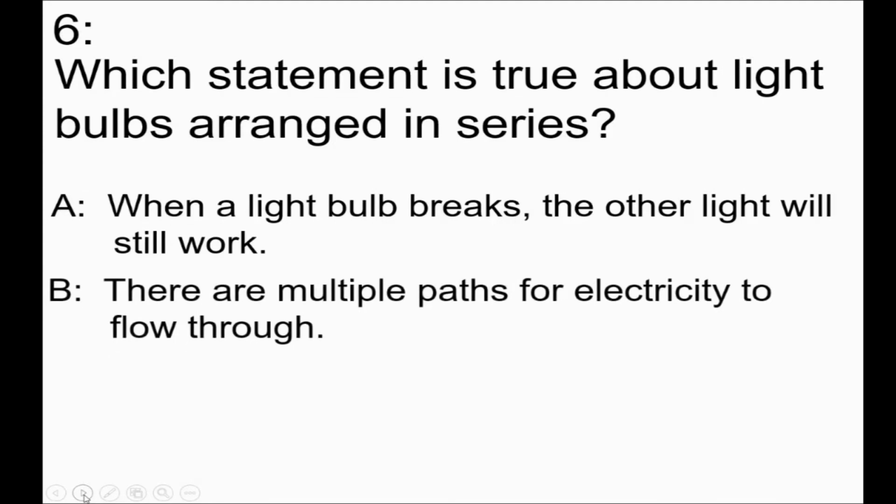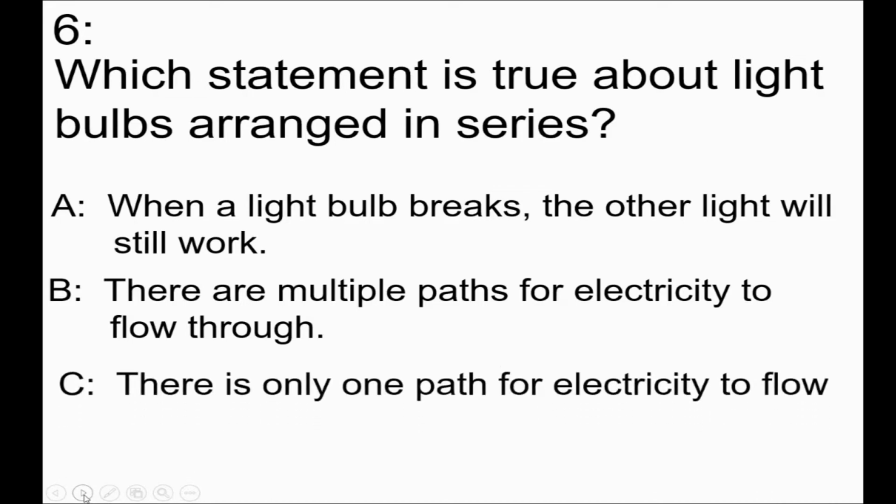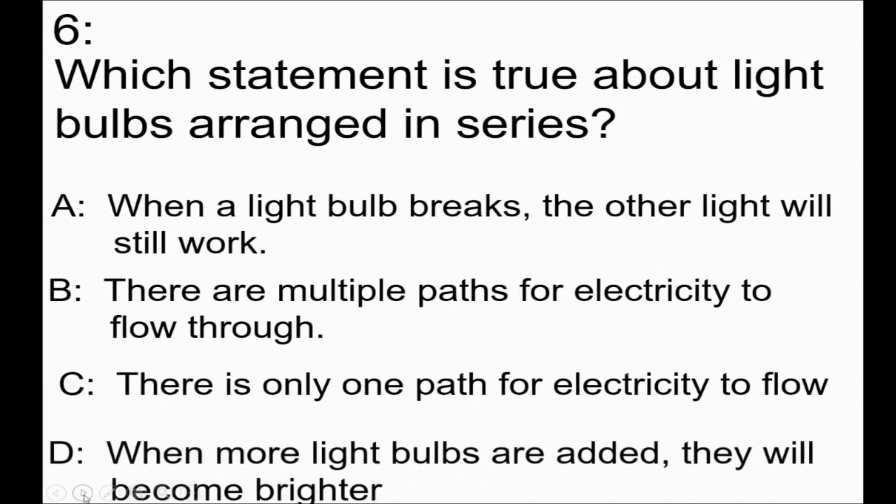B says there are multiple paths for electricity to flow through. And C says there is only one path for electricity to flow. And D says when more light bulbs are added, they will become brighter.